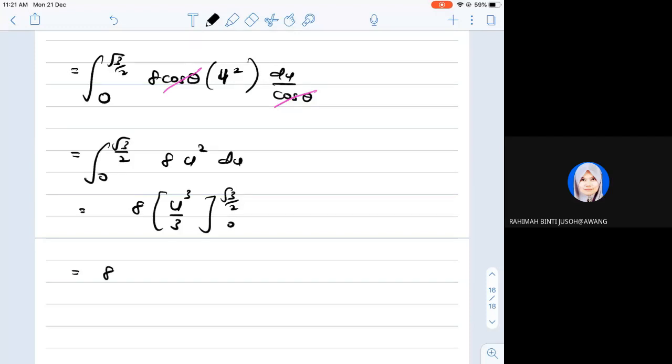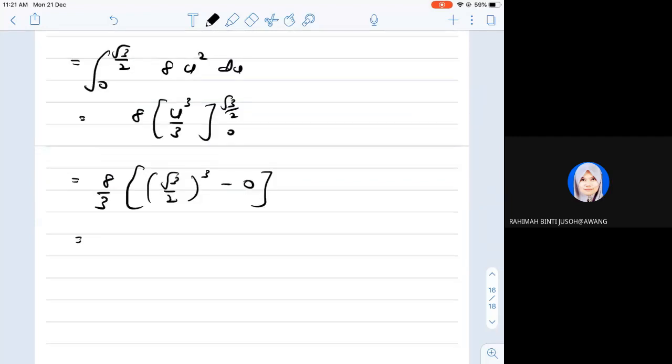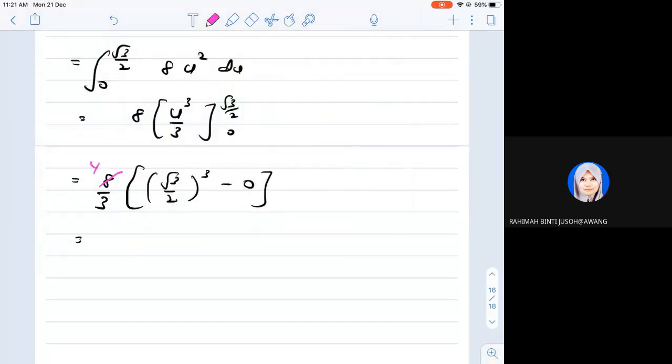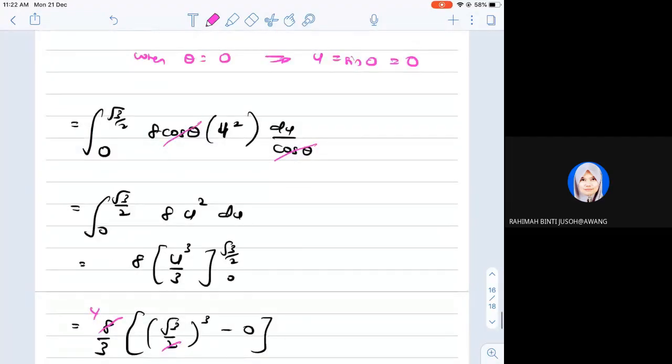So we have 8, let's take out 1 over 3. So square root 3 over 2 cubed minus 0. Multiply, this becomes 4. 8 divided by 4 over 3.